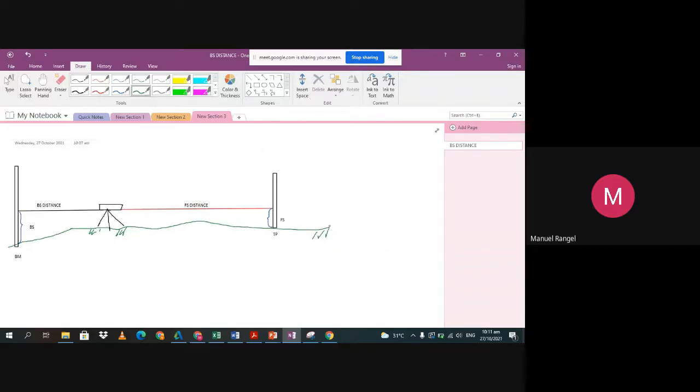Then mag-set up na pud ka ug another setup sa imong instrument. Then by the way, this is ang ginatawag na height of the instrument, HI.